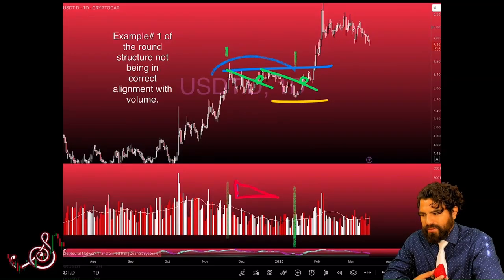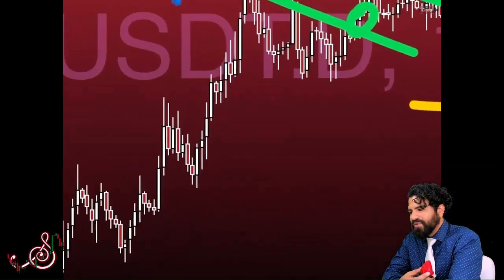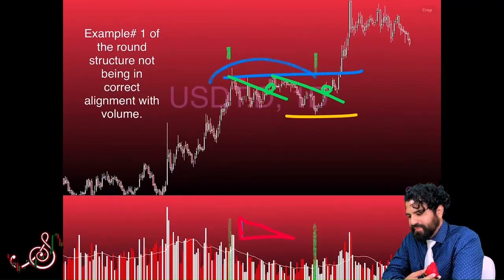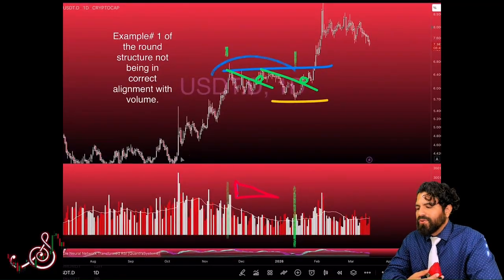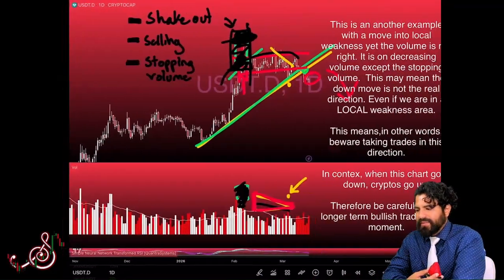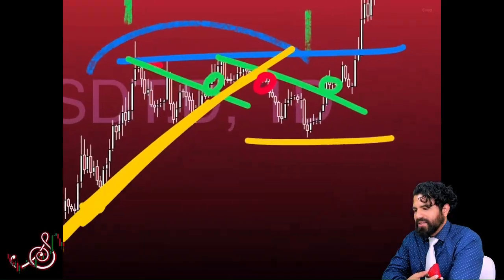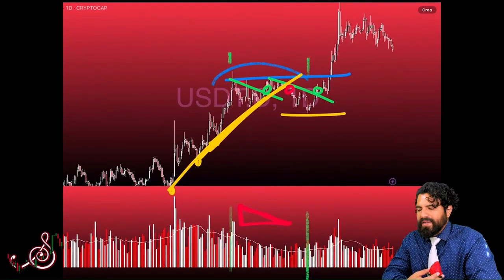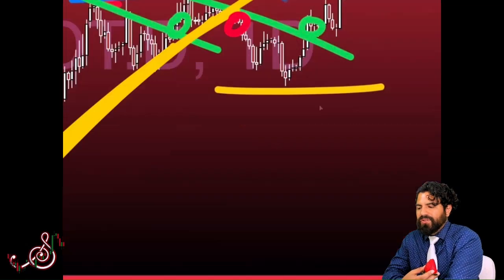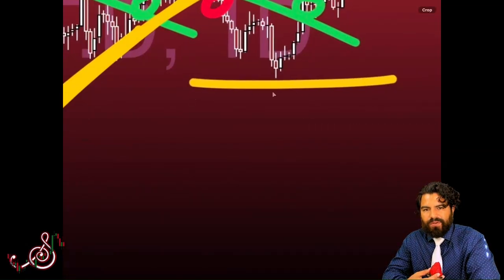Okay, some of the things we're looking for is the decrease in volume after the initial stopping volume, by the way, the high volume. Okay, the move is into a local weakness. As you can see, this is a local weakness. But we also knew this of support. Okay, so we know where the supports are.